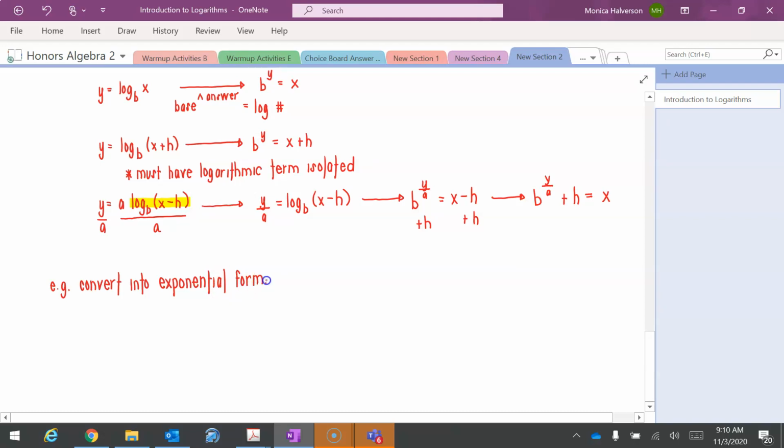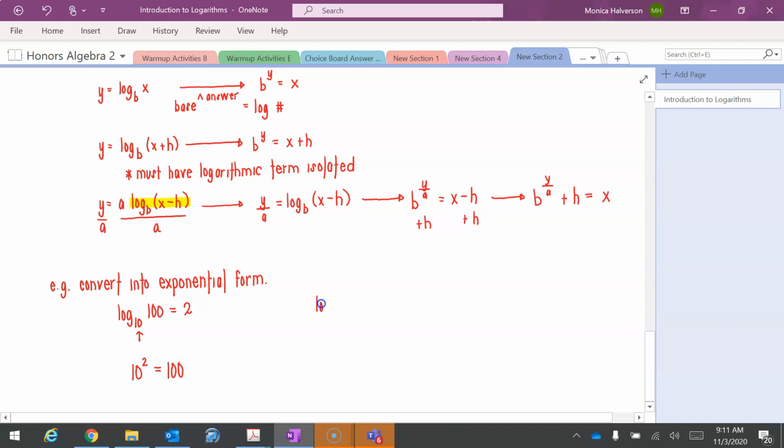And let's say I gave you log base 10, 100 equals 2. So we identify the base, which is 10. We raise it to the answer, which is 2, and it equals the logarithmic number, which is 100.